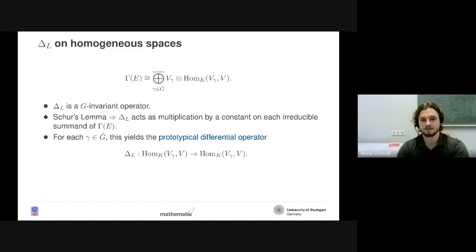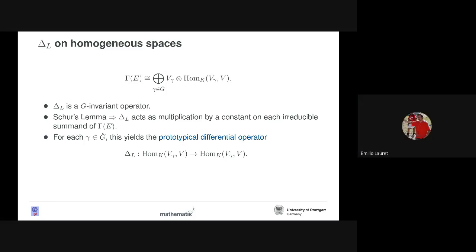Yeah, exactly. That's just a constant depending on gamma. For the difference terms, it's the same. They will also give us some operator on this space, and it can in principle look like anything. So we do not a priori know much about it.